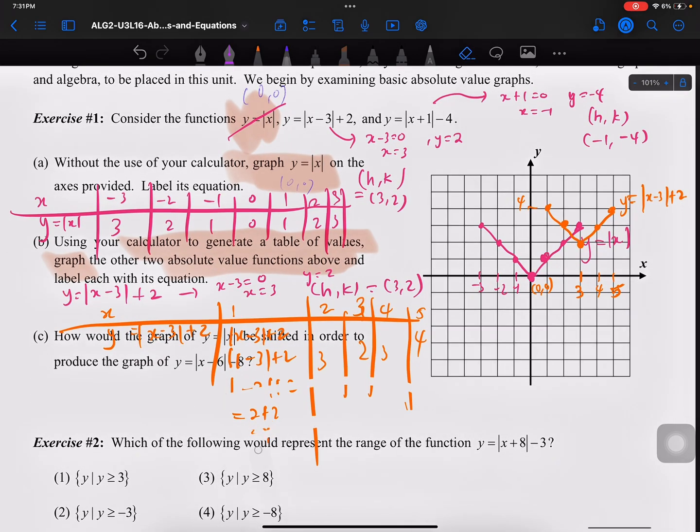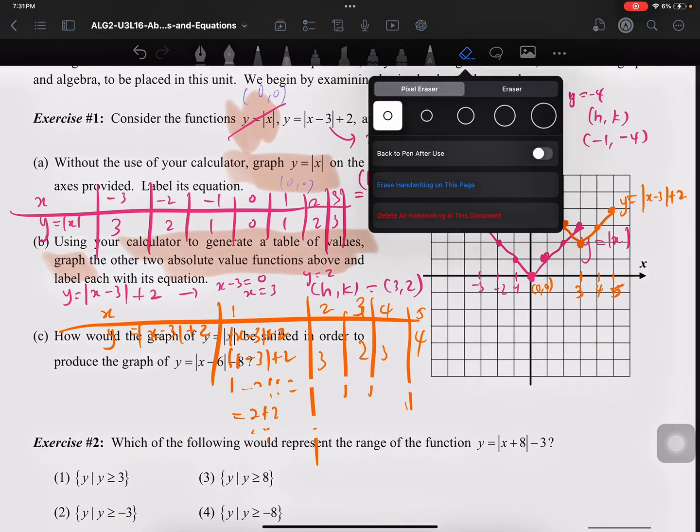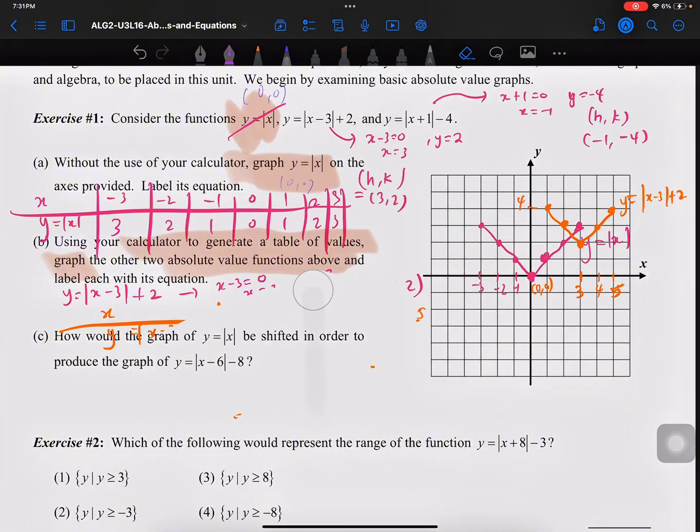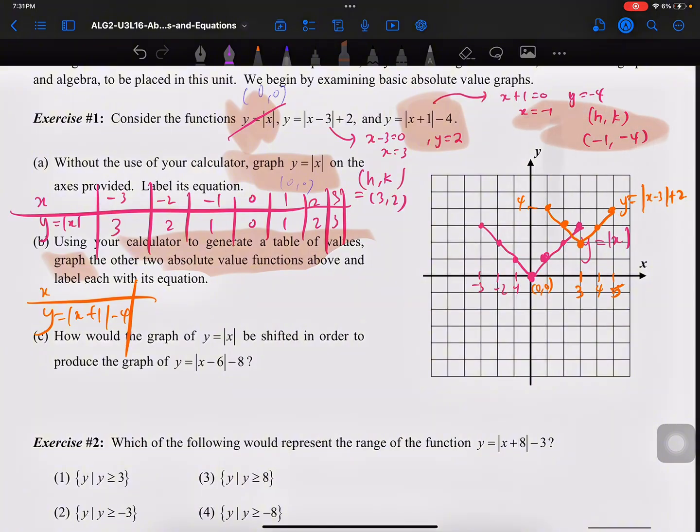Now we go to the last graph. We still need to plot x and y. Y will equal absolute value of x plus 1 minus 4. From this, we know that this is your h and k. So we'll put the value minus 3. If we put it in this equation, it gives you minus 2.